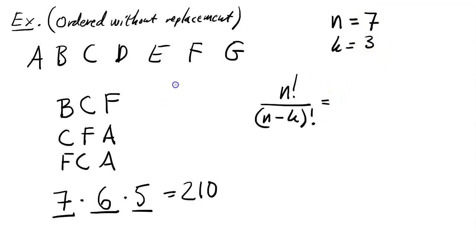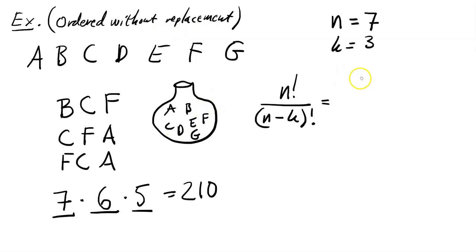So we can think of now having an urn with letters. We have A, B, C. So you can think of a letter biscuit or something. You're drawing from an urn. And we have without replacement and order. We draw them. Then we have 7 factorial here. And 7 minus 3 factorial. That's 4 factorial.